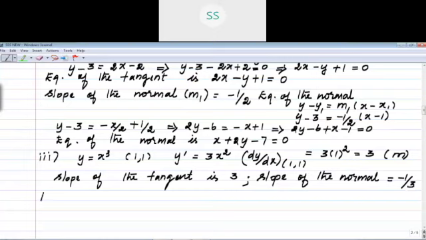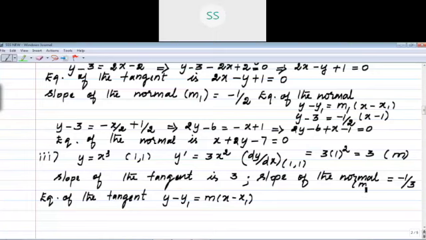Now, equation of the tangent, right? You know very well the formula. y minus y1 equal to m into x minus x1. I told you the slope of the normal; for your convenience you represent it as m1.